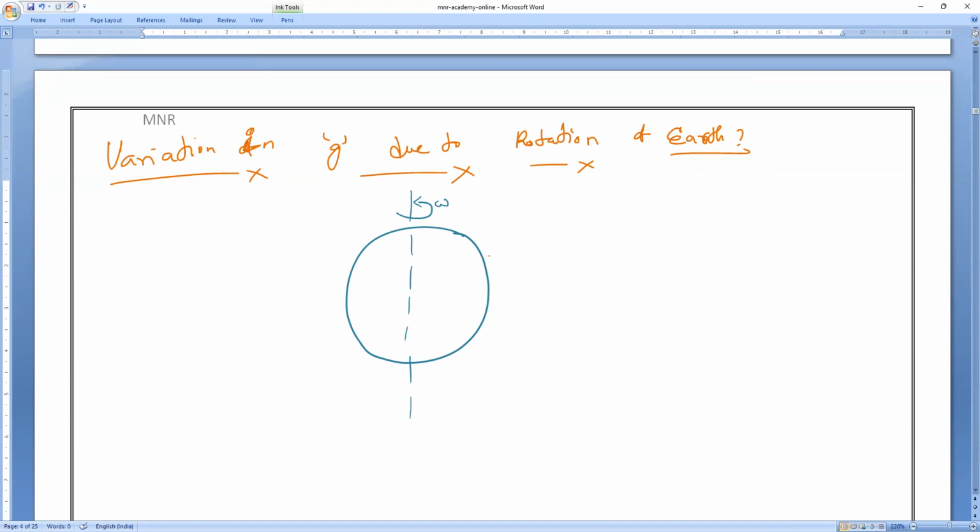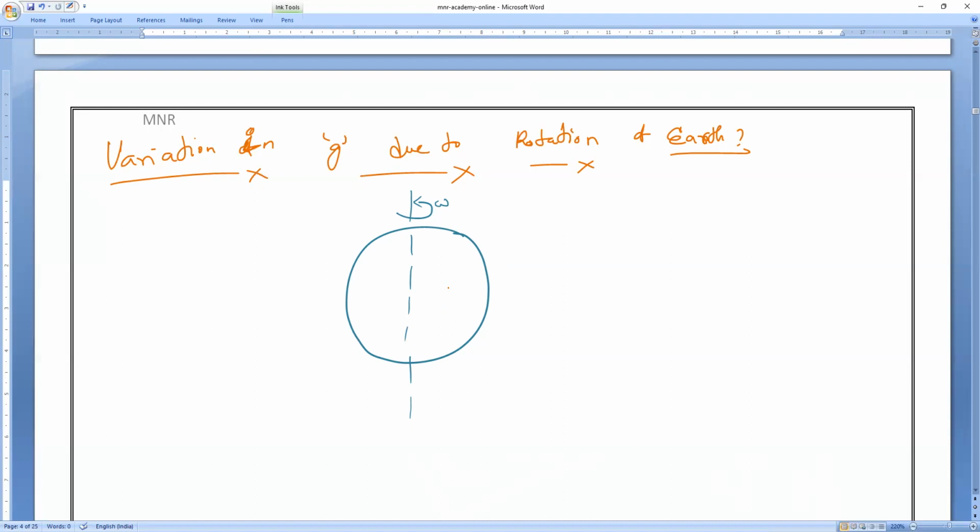So Earth will take 24 hours to complete one rotation. So is the angular velocity very small or high, everybody? That is my question. Please respond. Can you hear me, everybody?